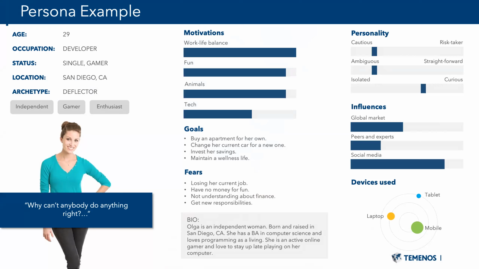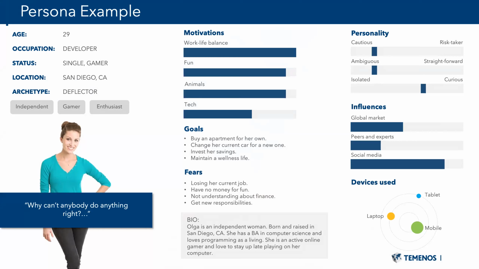The motivations, goals, fears, personality, influences, they're going to differ depending on the application, depending on the market that we're serving. And you can see here, this is a very good example of a persona that we've had to deliver for some very specific markets.